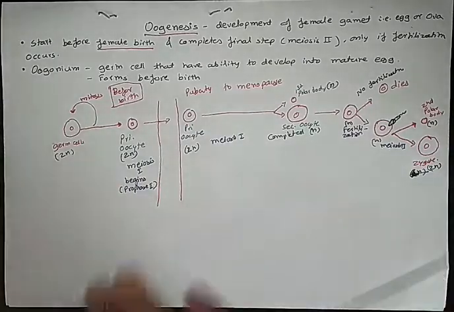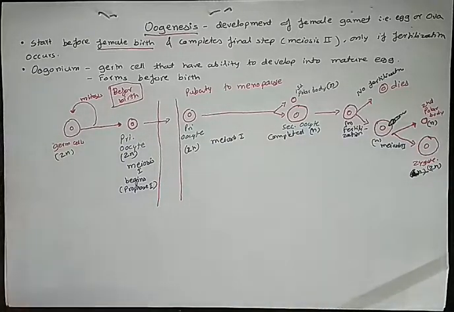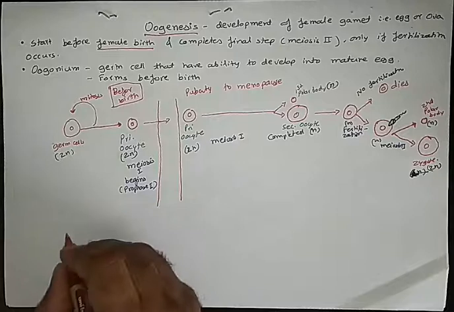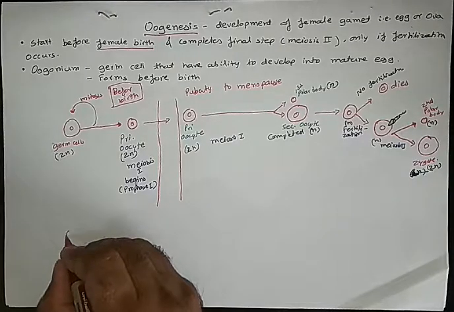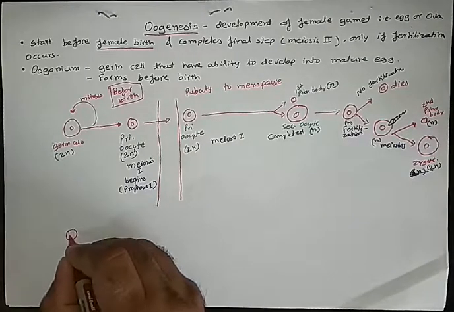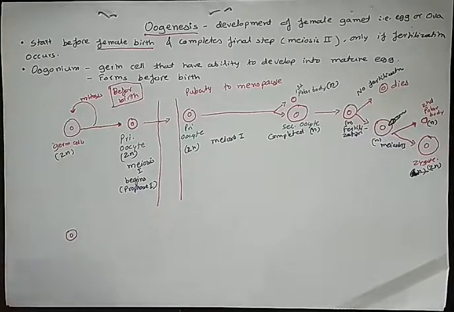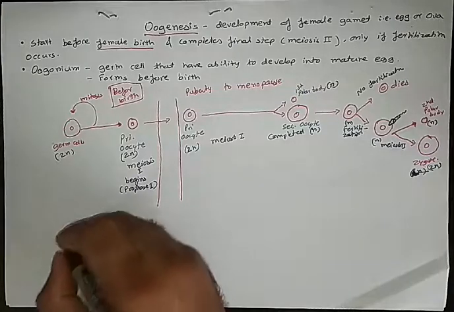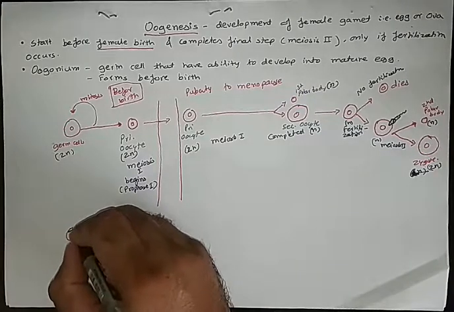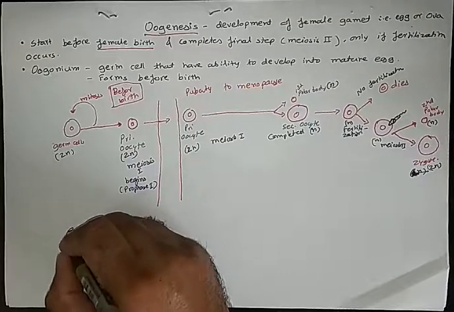Now we will see what happens in the follicle, or in the ovary. You remember when we were talking about the follicle, its structure has a germ cell with a nucleus at the center. This nucleus is surrounded by follicular cells.